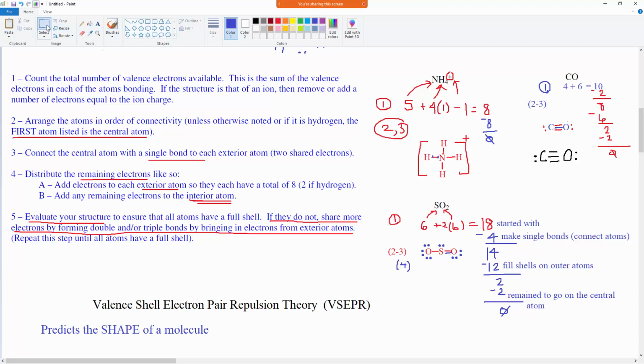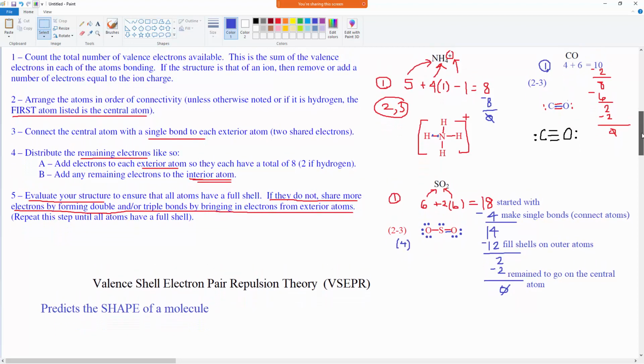I can draw this guy to look like a line, but that doesn't mean that it is a line. I can draw him to look like a T shape or an X. That doesn't mean he is. So we need a different model to tell us what shape the molecule is.